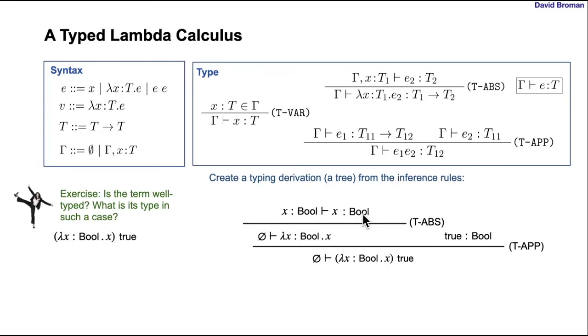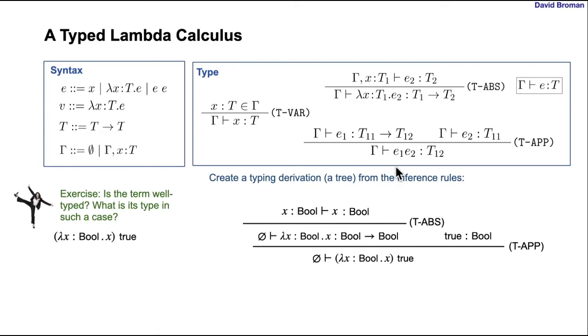So if this is a bool, then we go back to this TAbs, and we should fill in T1 and T2. So T1 was this one. T2 is the type that we returned, which is bool. So then we get that the type of this whole thing, which type checks, is bool to bool, which makes sense. This is a lambda, and we have then an arrow type.